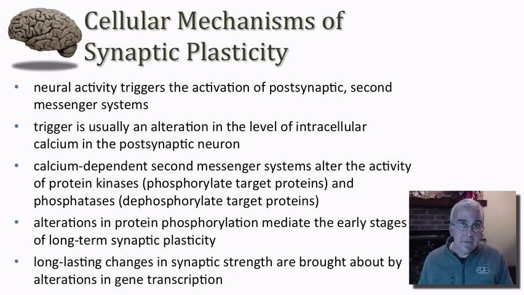Long-term synaptic change, however, requires alterations in gene transcription. So this is the general scenario by which plasticity plays out, typically in a calcium-dependent manner. And the key difference between one valence of plasticity, if you will, or another is the level of intracellular calcium that's triggered by the synaptic activity.